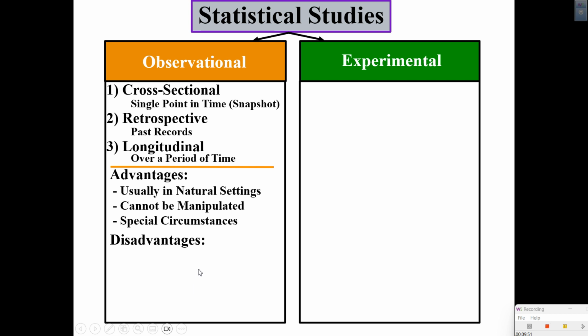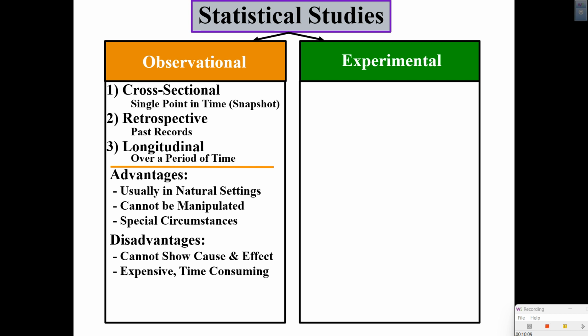However, there are disadvantages. First one, you cannot show cause and effect. Once again, why not? Because you're only observing and recording data from the observation. It's expensive and time consuming. Like me, guys, if somebody asked me to do a study, I'll say, I'll charge you $300 an hour, because that's how much I think my time is worth.